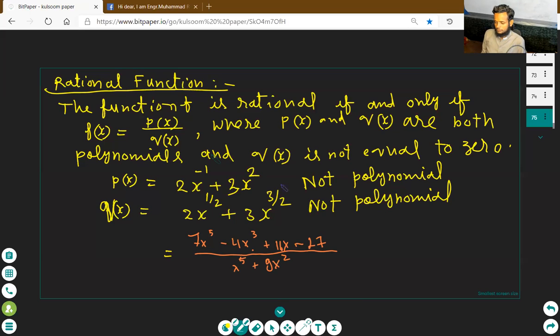Okay, good. You should write it as f of x. This is a rational function.